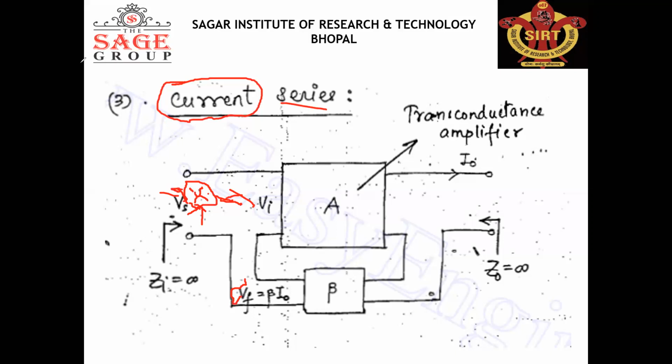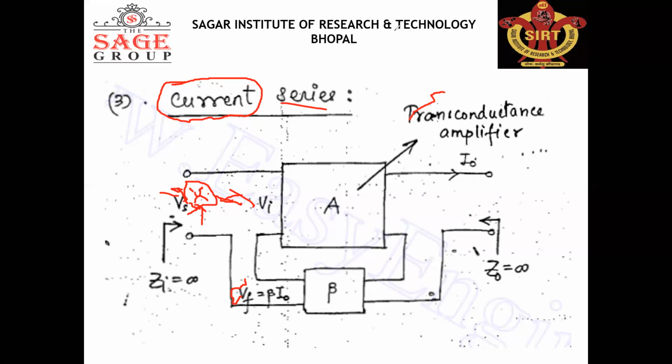So that's why it is known as the current series amplifier, and this is known as a transconductance amplifier, because the output is current and input is voltage. So I upon V is known as transconductance. Current upon voltage is known as transconductance. So this is known as a transconductance amplifier.